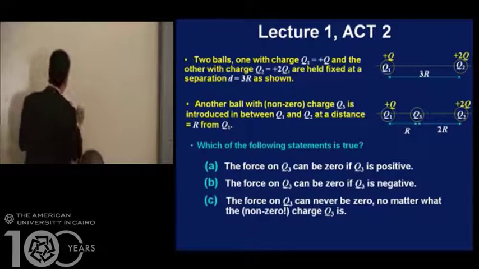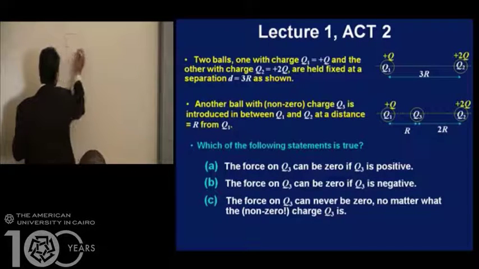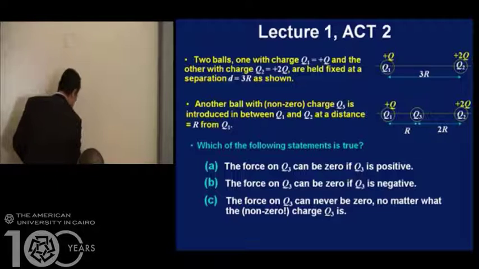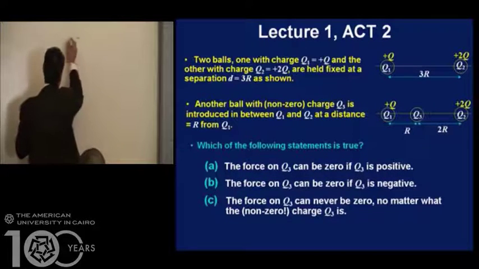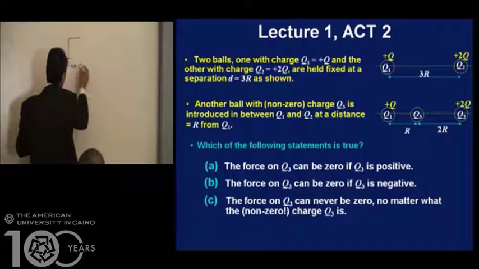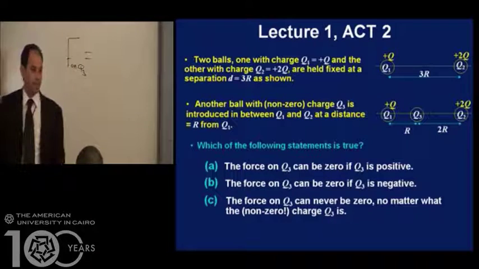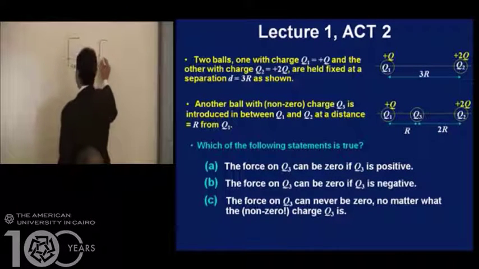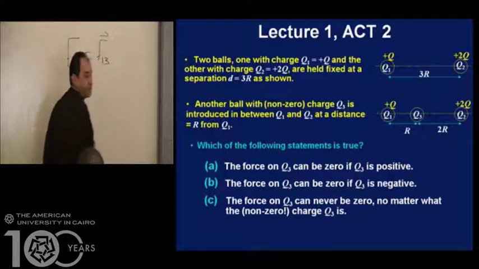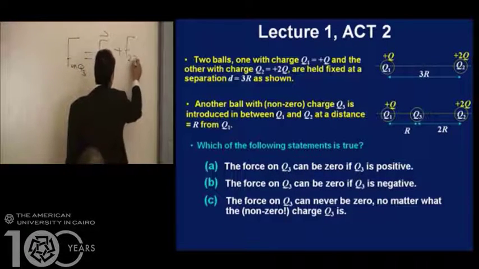Well, the total force on Q3 is going to be the force from Q1 on Q3 as a vector plus the force from Q2 on Q3 as a vector.